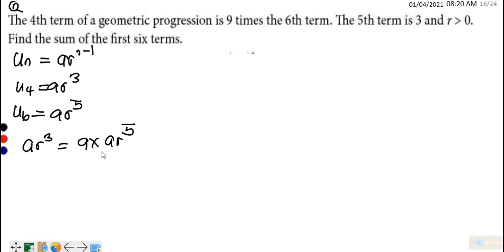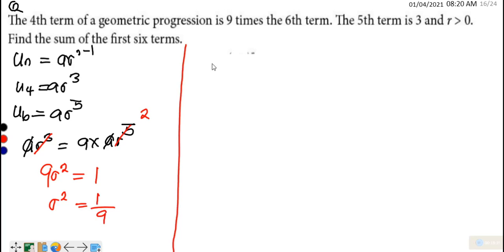If we divide both sides by a, and dividing both sides by r also, we get 9r squared equals 1. So r squared equals 1 over 9, then r equals the square root of 1 over 9, which is 1 over 3. So r is 1 over 3.